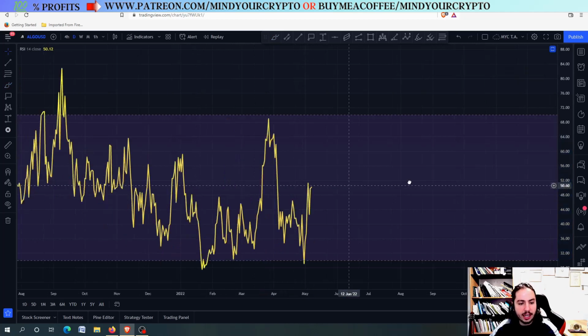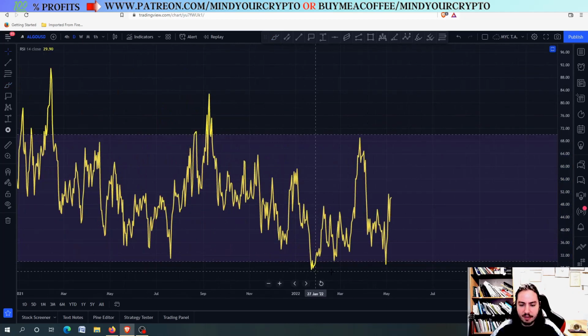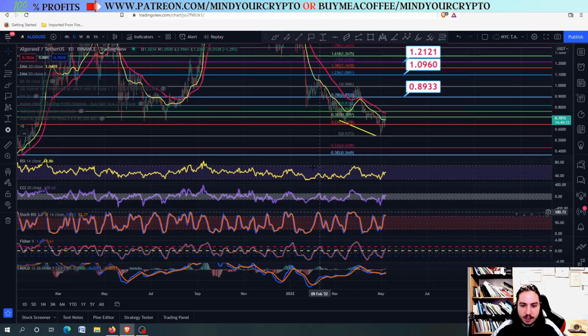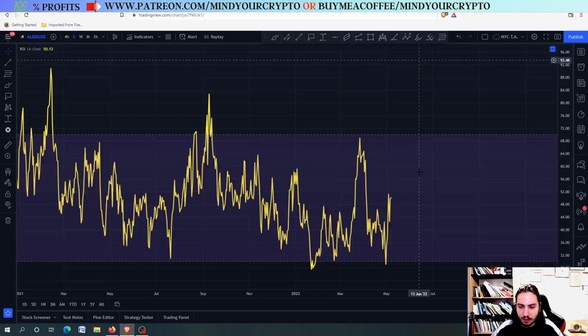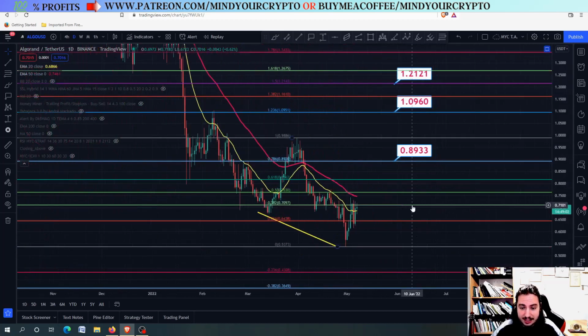But normally, when we have a very low RSI below the 30s, we are about to get even higher. We have a huge bullish RSI divergence, a very long bullish RSI divergence, sorry for that, from 22nd January until 30 April. But this is crazy long.